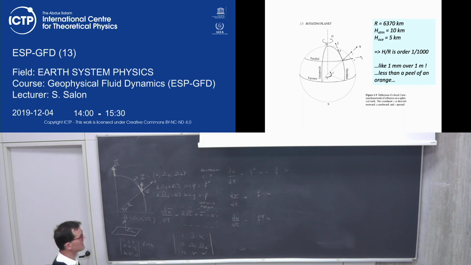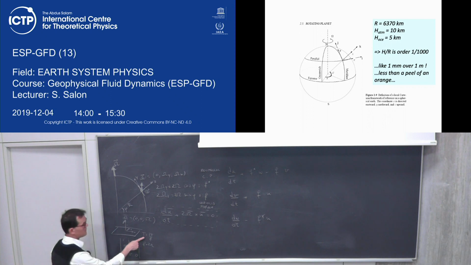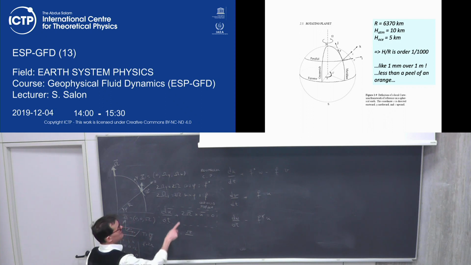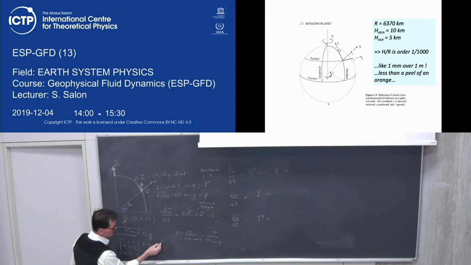And what we obtain is exactly the same result that we had before. The only difference is that in the first case the period of the oscillation was 2 pi over f. Here it is 2 pi over f still, but f is 2 omega sin phi, so the period is pi over omega sin phi.